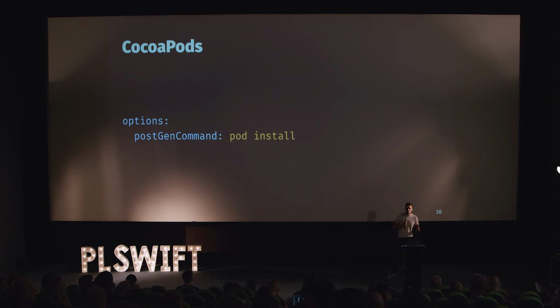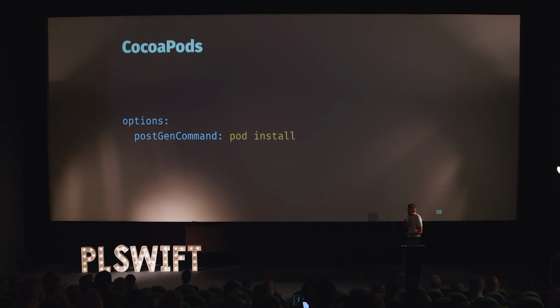When you run pod install, CocoaPods also edits your project, the same project XcodeGen just generated. It also creates an Xcode workspace for you. So to be honest, the solution is simple. You just need to run pod install after each time you generate your XcodeGen project.